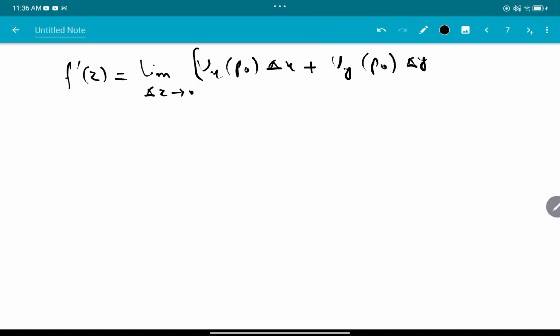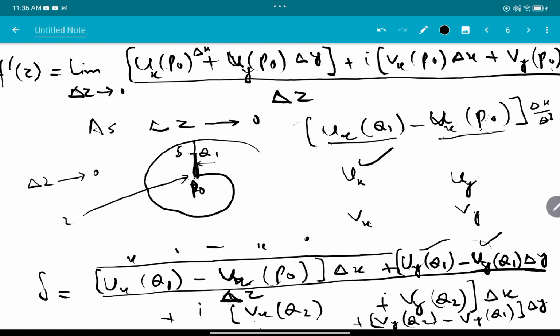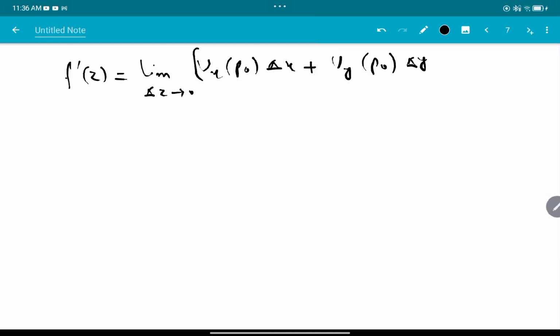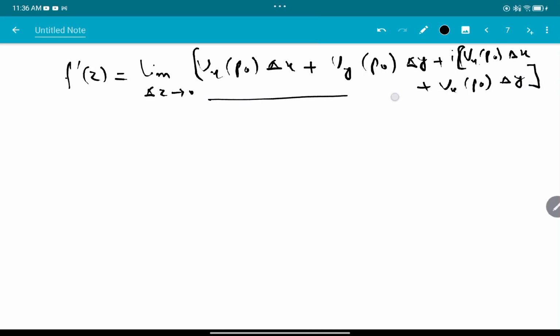This is one term. There are other terms as well: i times vx at p naught delta x plus vy at p naught delta y, divided by delta z. I have not added that delta term because the partial derivatives are continuous, hence that term will vanish.